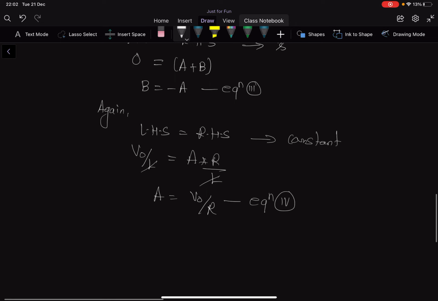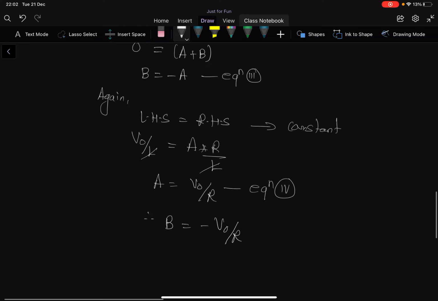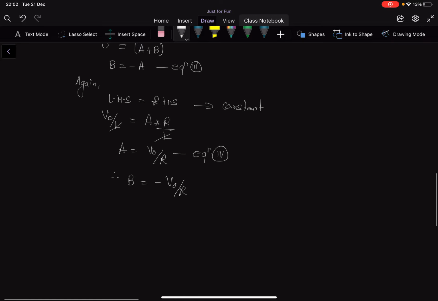Then we can use this value in equation 3, and we know therefore B is also minus V naught over R. Hence we got the values of A and B.